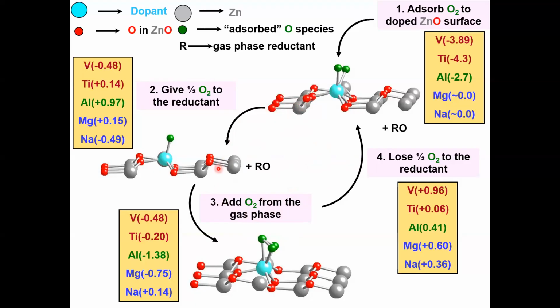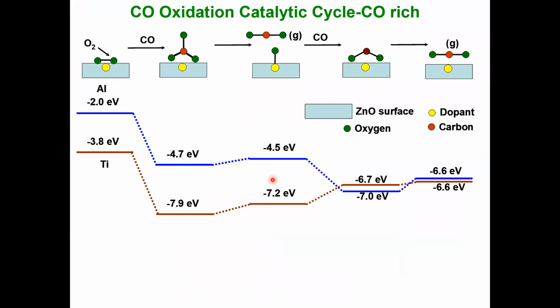If this is very easy, then oxidizing the reduced catalyst is typically going to be difficult. That's the way we are exploring: we computationally added different dopants and looked at the energetics of the entire catalytic cycle to predict what a good oxidation catalyst is.